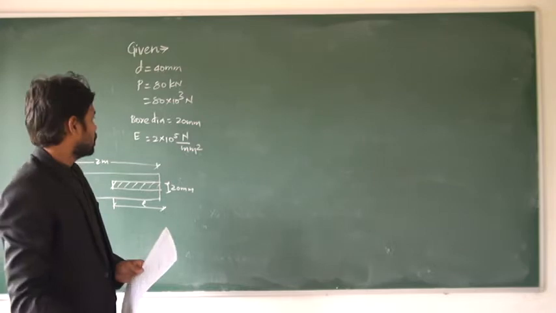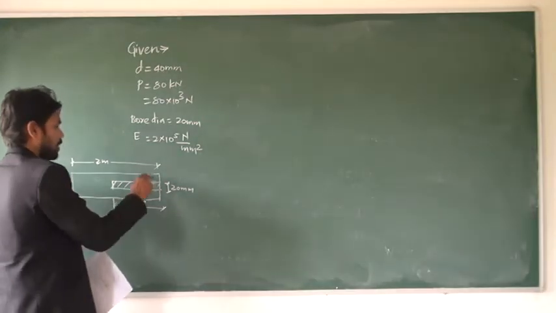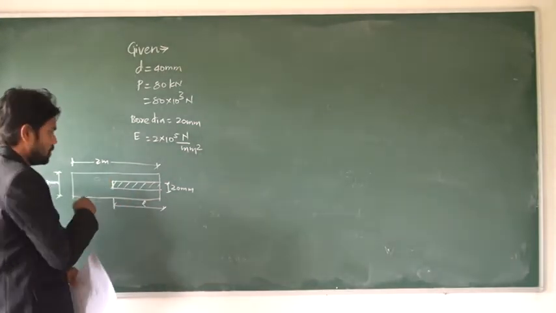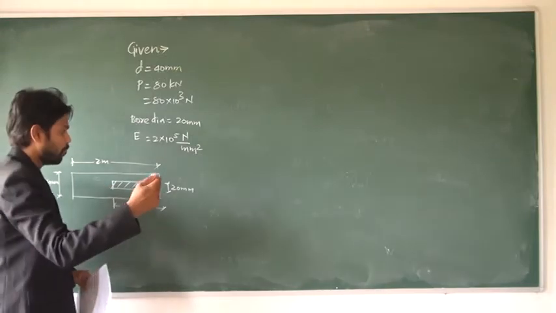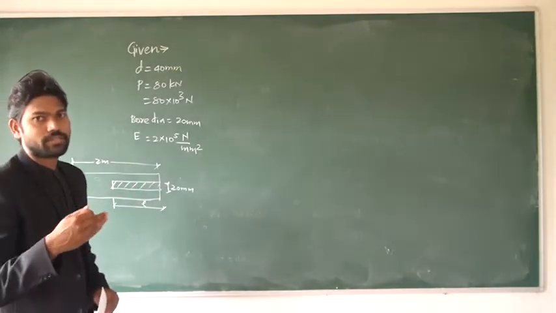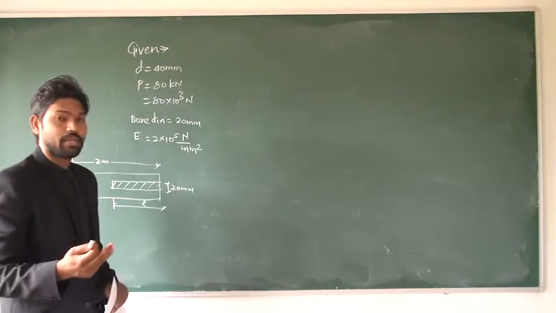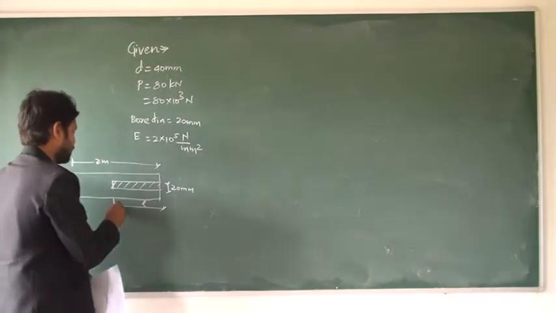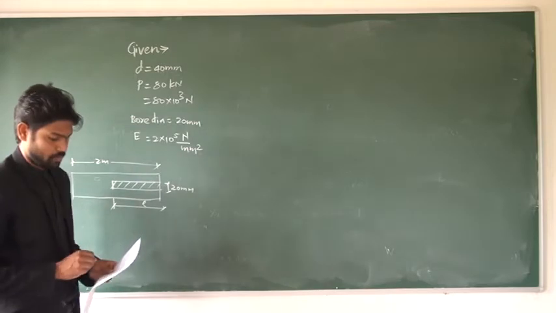Initially the bar is a solid bar. When the bore is inserted centrally, the extension should not be more than 20%. Then what should be the length? That is the problem.